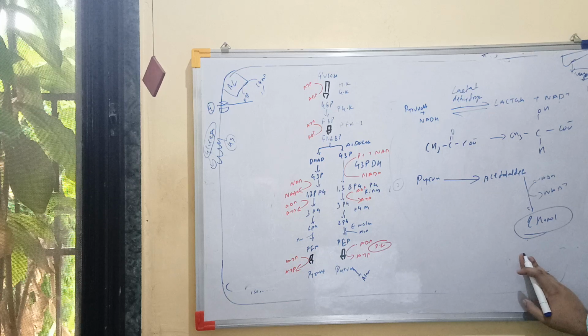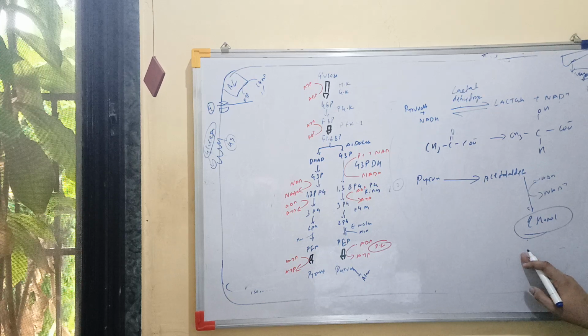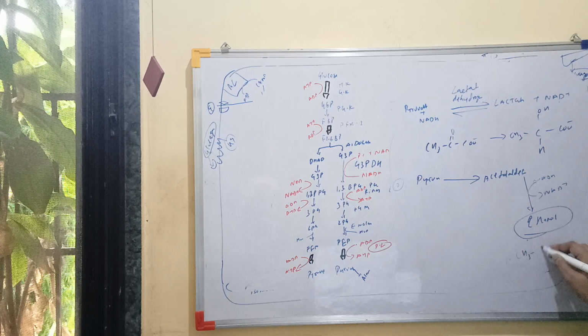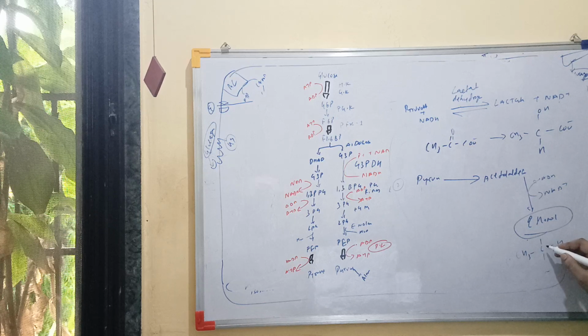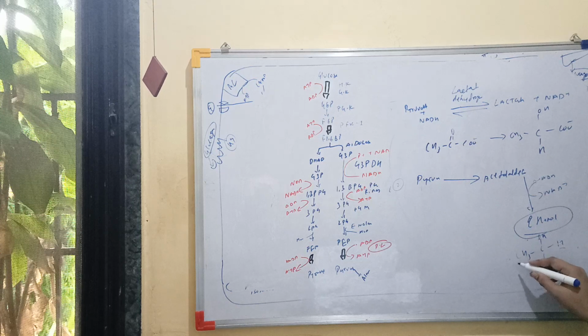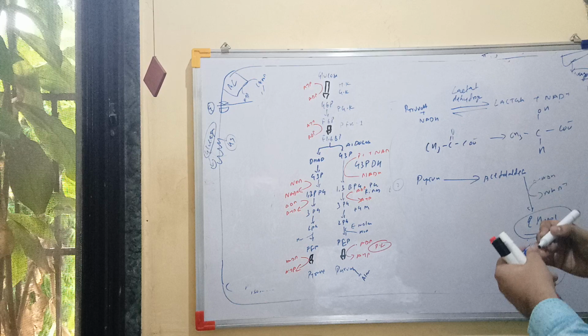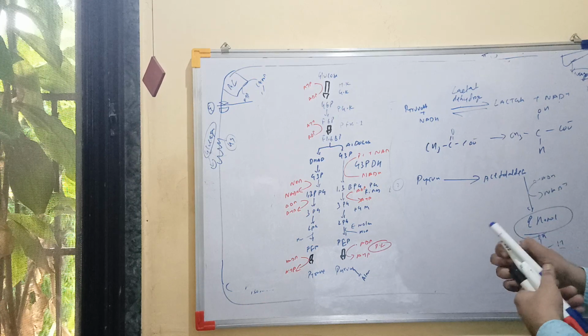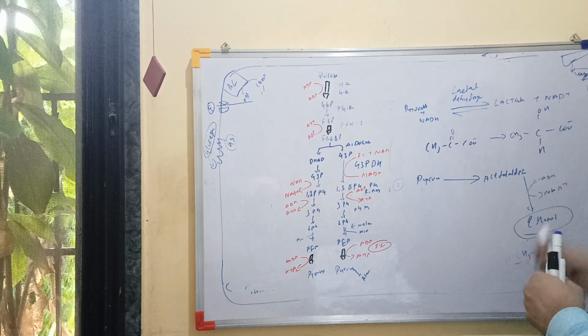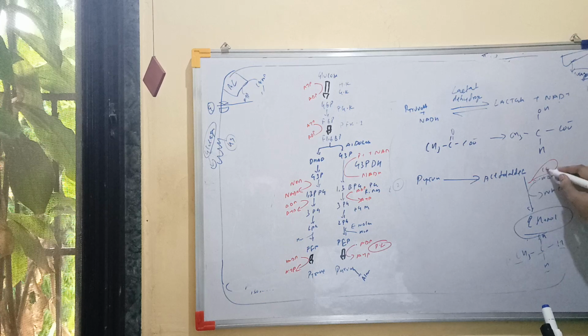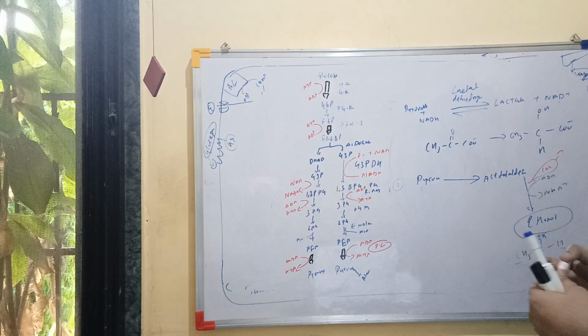Sometimes it happens to me that I forget the ethanol structure. So this is ethanol, a 2 carbon compound. So one carbon is released in the form of carbon dioxide here, and it is going out.